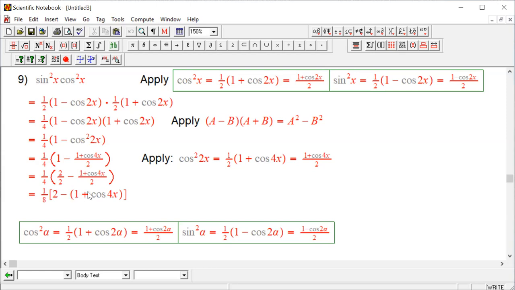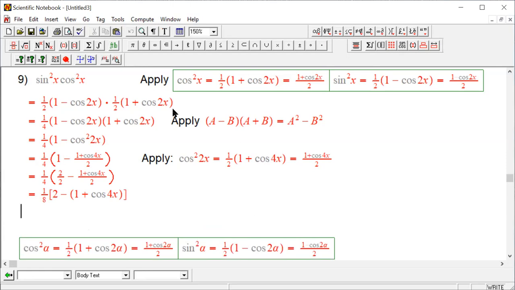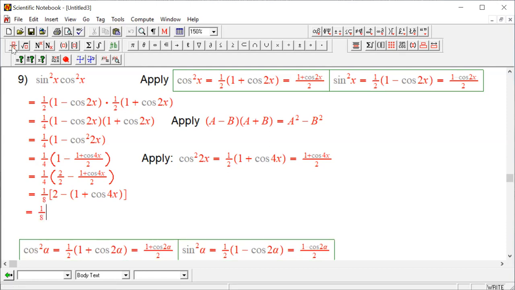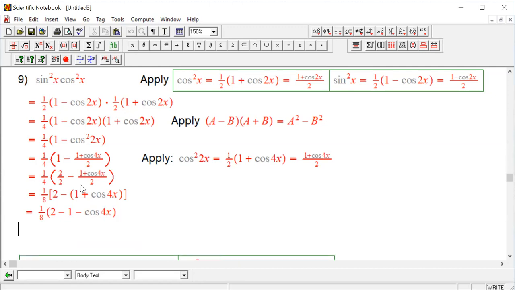So subtracting the entire thing in the parentheses. Be careful, because this is a place we can make a minor mistake. All right, so near the end, we get a 1/8 parentheses. If I open up the parentheses, I have 2 minus 1 minus cosine 4x. And there we go. So we will have this piece, this makes 1. We don't need another step.